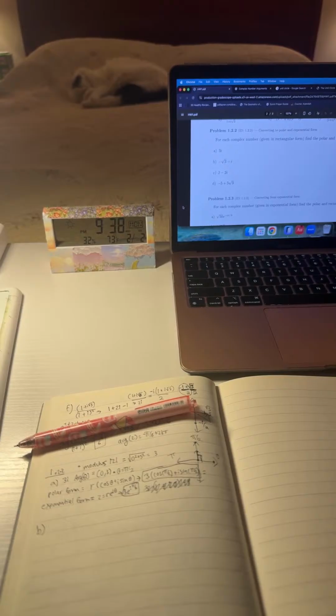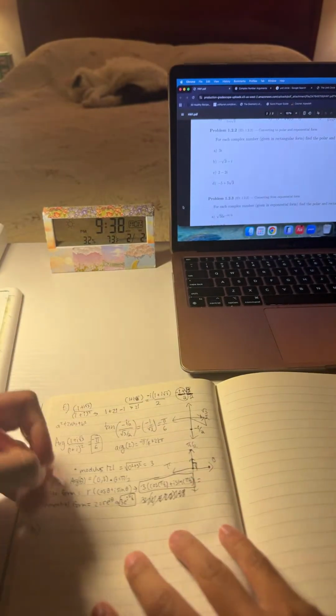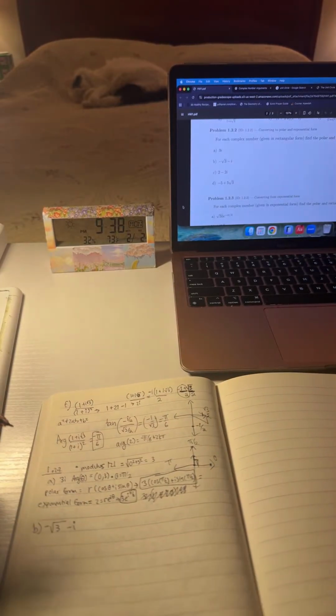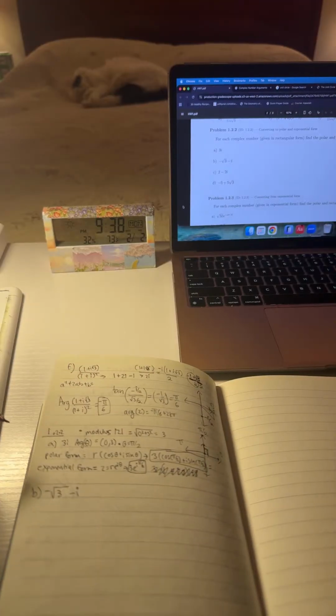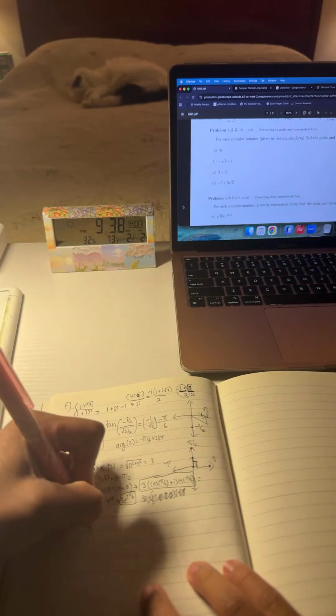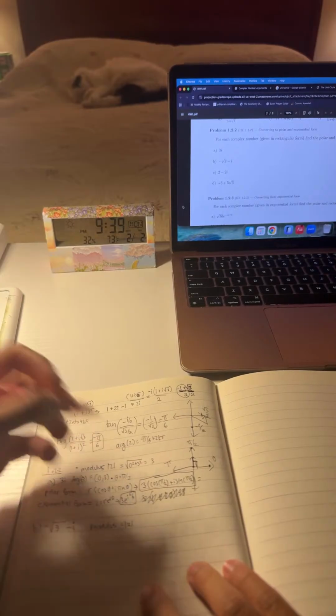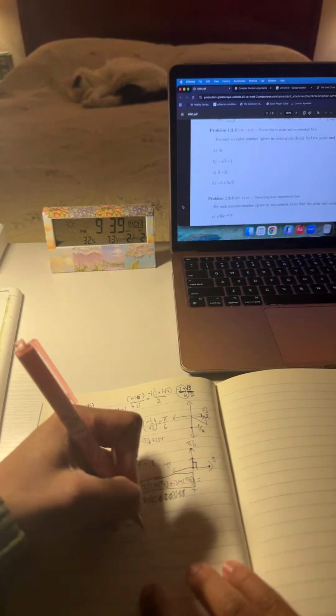Okay. So I have negative root 3 minus i. If I remember correctly, actually I don't remember at all how I did this. So, first step is to find the modulus, which is like absolute value of z, or magnitude of z.